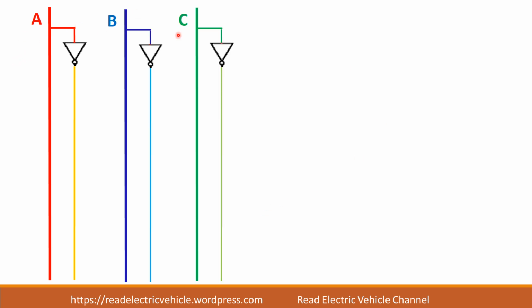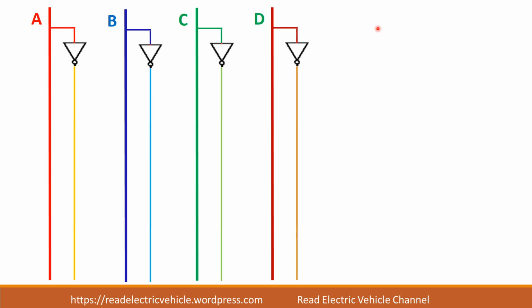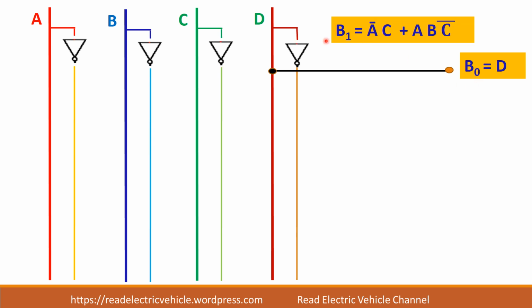A, B, C, D. So 4 inputs are there, and its complement A bar, B bar, C bar, and D bar is there. So now what is B0? B0 equal to D. So directly from D you connect a line and mark it as B0 equal to D. Then what is B1? A bar C plus ABC bar.